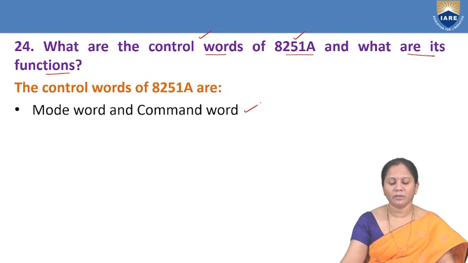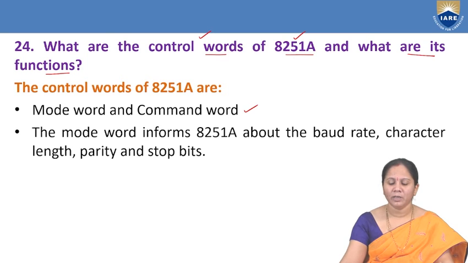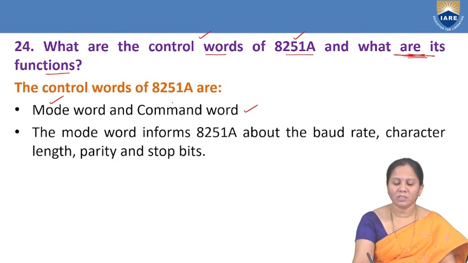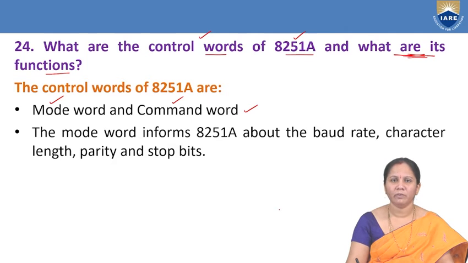Two control words are there: one is the mode word and another is the command word. They have asked about their functions, that is, the function of the mode word and the function of the command word.